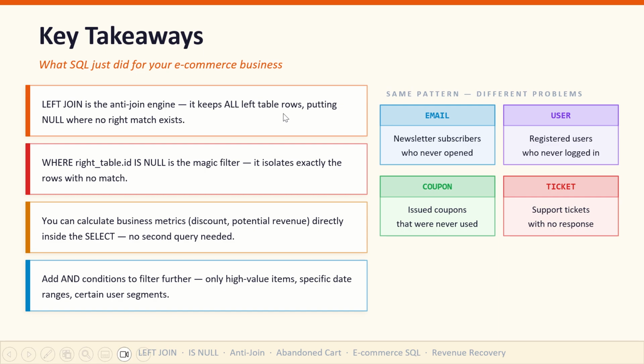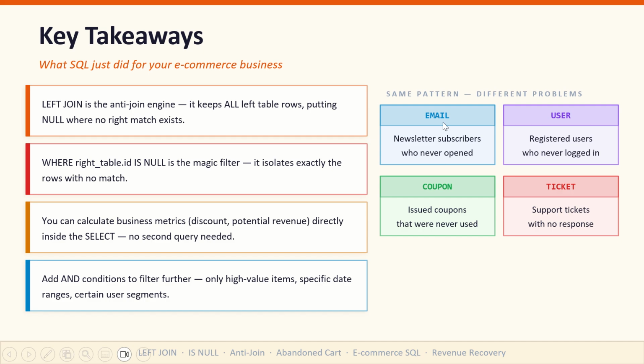It keeps all left table rows, putting null where no right match exists. And this filter, where right_table.id is null, is the magic filter. It isolates exactly the rows with no matches. Similarly you can use a select statement, and you can also use a filter like the item value should be greater than a certain amount, so that you are only prioritizing high-value items.